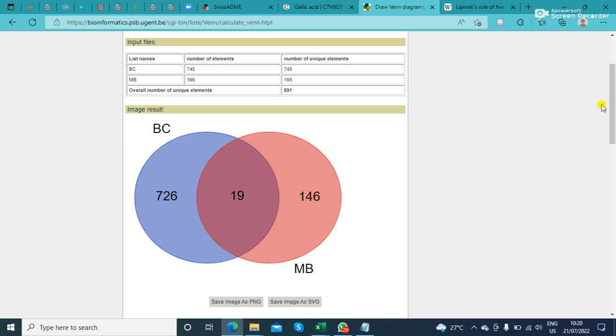So we will use the database called STRING, and we will later use the software Cytoscape.